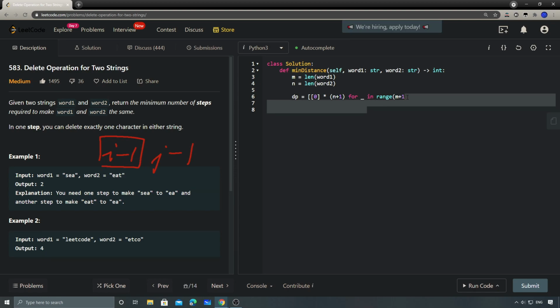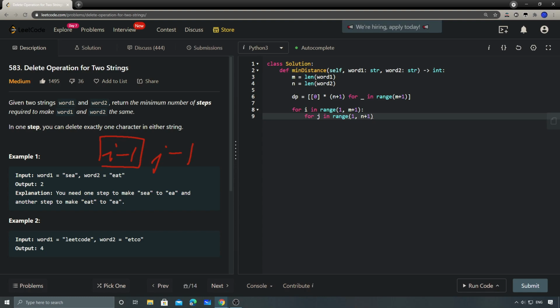Okay, and then we can just start looping through those two strings. Like I said, we'll be starting from 1 to m plus 1, and then the inner loop will be j in the range of 1 to n plus 1.